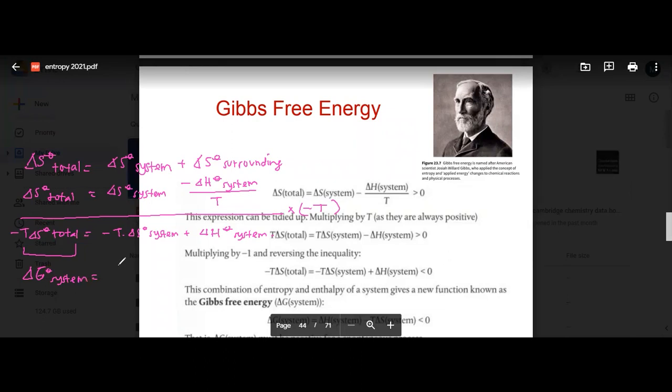So the delta G system is equal to delta H system minus T delta S system. This is the formula for how we find the Gibbs free energy. Once again, the Gibbs free energy of the system equals delta H system minus T delta S system.